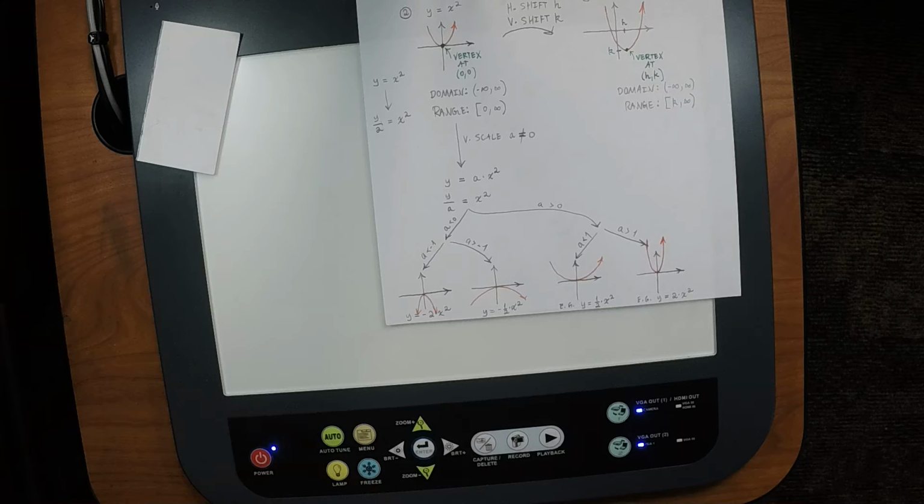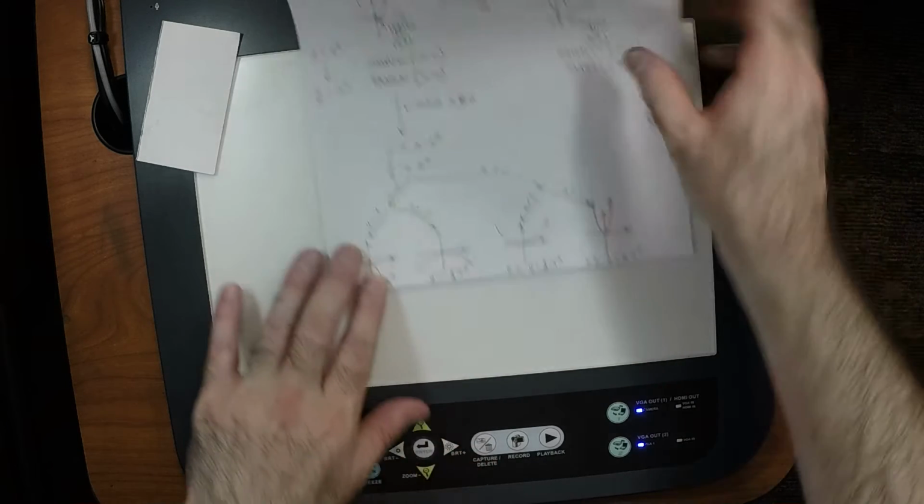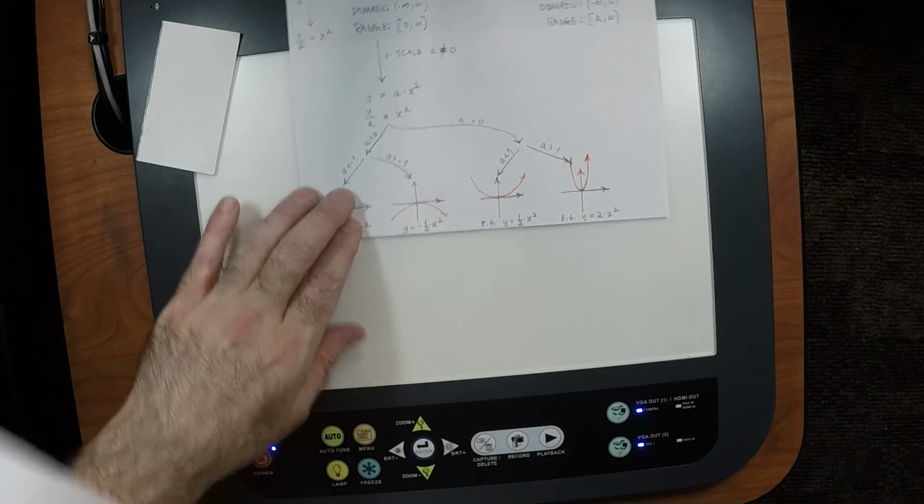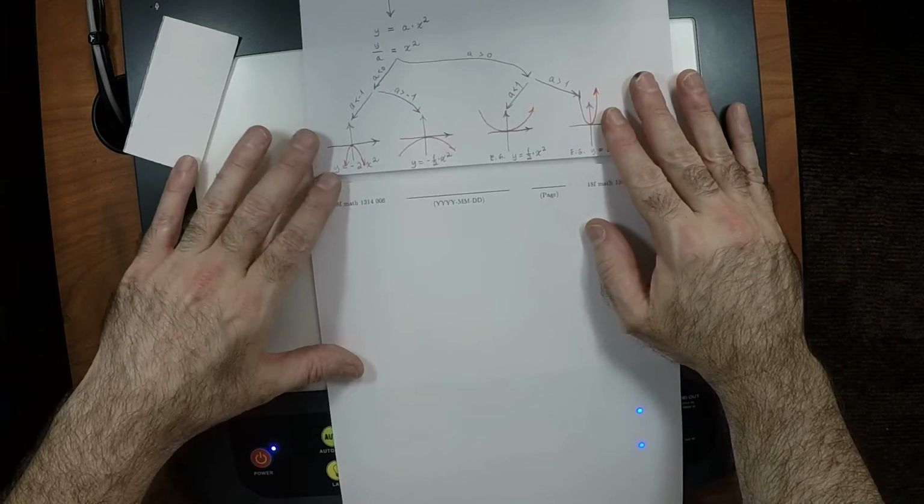All right, so now combining all these possibilities, we have the following.